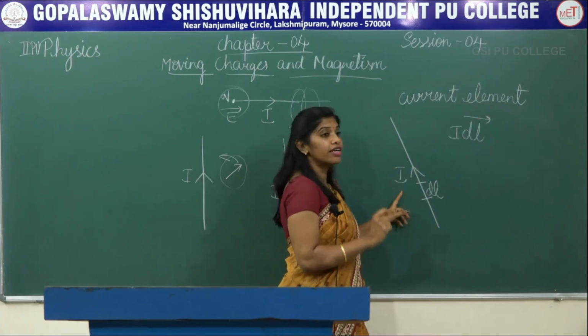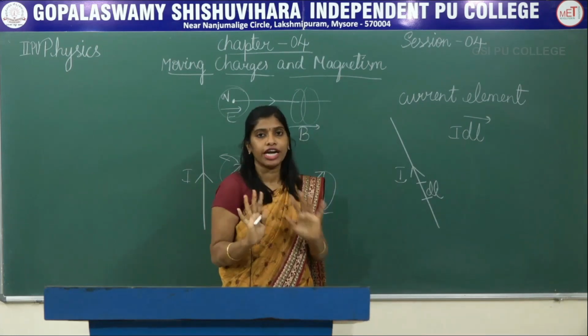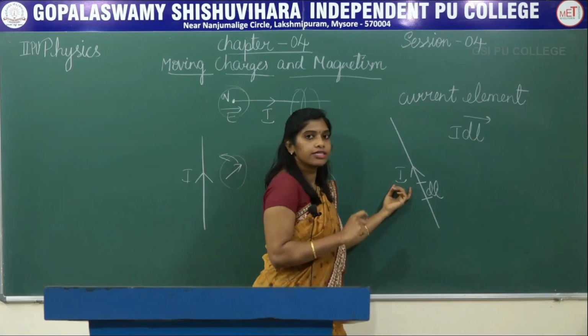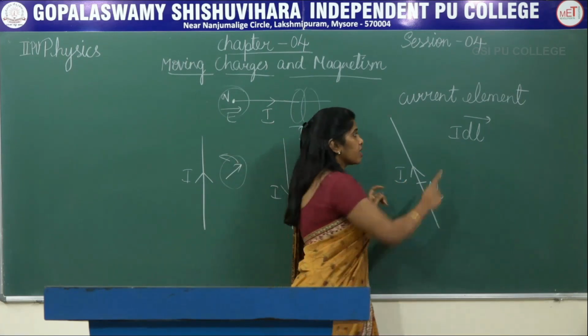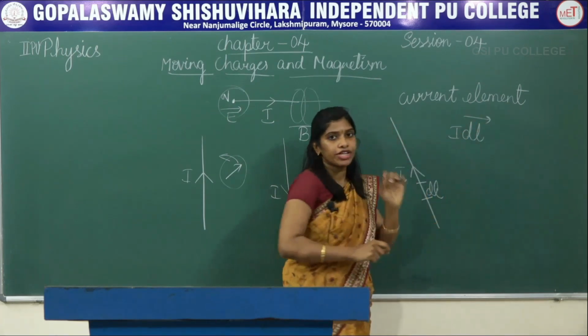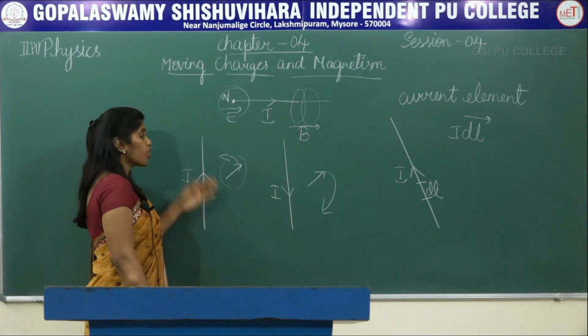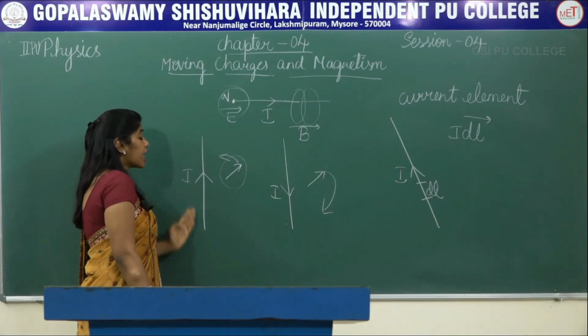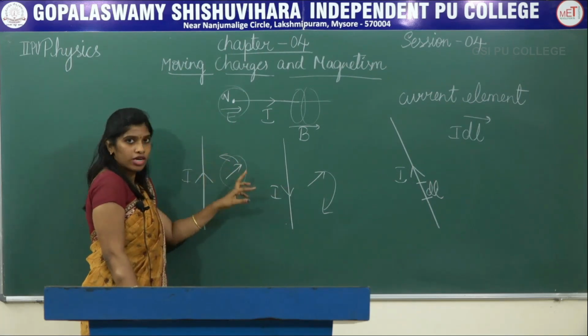As you know, current is a scalar quantity because it does not obey the law of vector addition. Now when I multiply current with this element, I dl, we have considered this dl as a vector quantity. Since current is a scalar quantity, whenever the direction of the current is reversed, the deflection is also reversed.